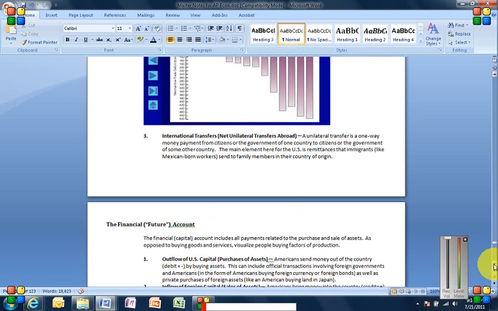The main element here, though, is for, like in the case of the United States, remittances that immigrants send to their family members in their country of origin. In California, a common practice for Mexican-born workers, for instance, is to make money here and send at least a good chunk of it back to their family in Mexico. So that's a big chunk of the number for the United States when it comes to international transfers.